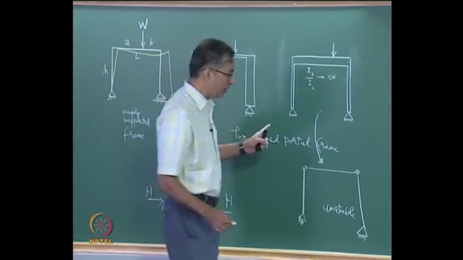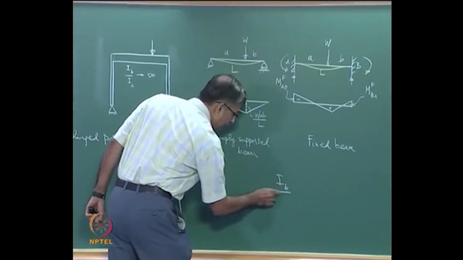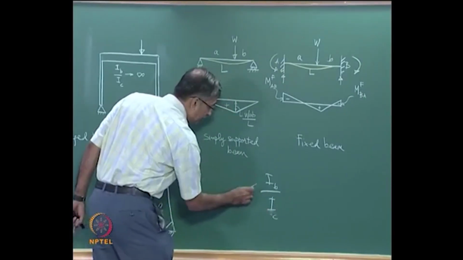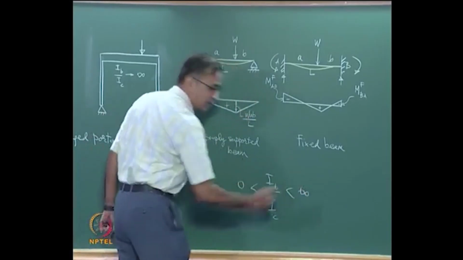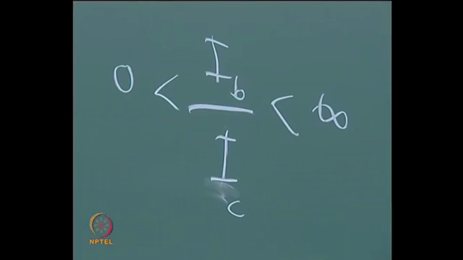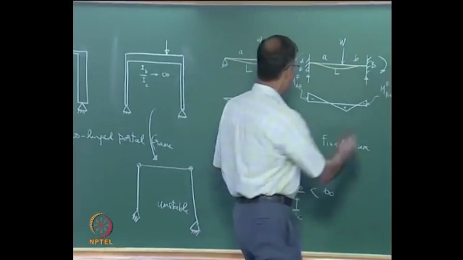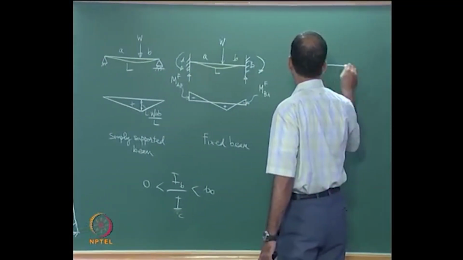So the reality is, IB by IC will lie between two extremes. They are limits, they are not physically realizable. And so if you really want to model it as a beam, how would you model it?